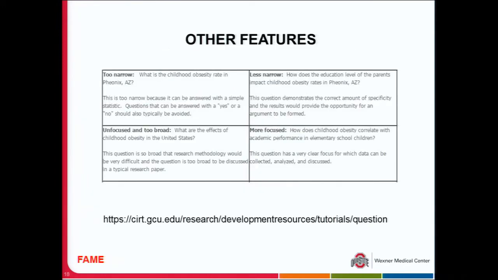So here are some examples of good and perhaps not so good research questions. One category is you might be too narrow. What is the childhood obesity rate in Phoenix, Arizona? Well, it's narrow because it can be answered with a simple statistic. You can just collect some data.